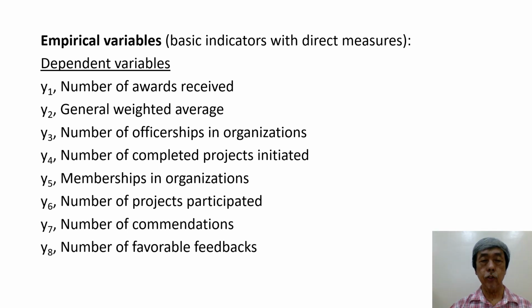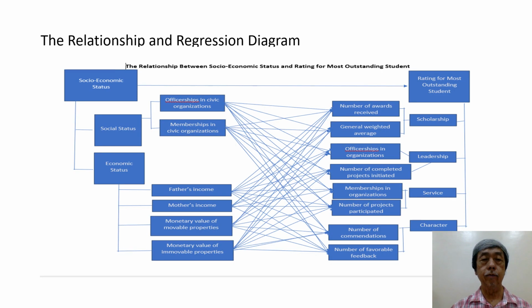For the dependent construct, these are the empirical variables or the variables with direct measures: number of awards received, general weighted average, number of officerships in organizations, number of completed projects, number of memberships in organizations, number of projects participated, number of commendations, and number of favorable feedbacks.